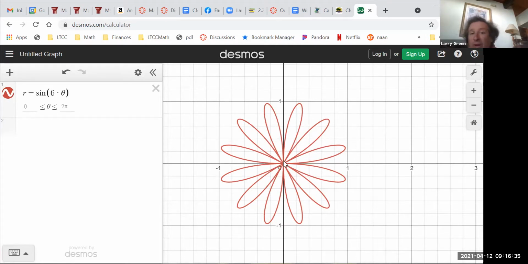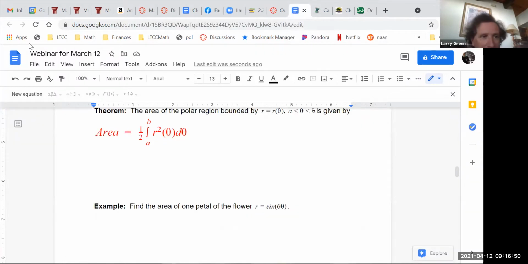Yeah, r is 0, because if you're at the origin, that means your radius is 0. Any questions on that idea from the picture? So we know that r is equal to 0. So now we can write 0 is equal to sine of 6 theta.